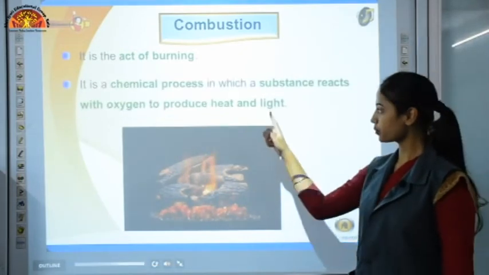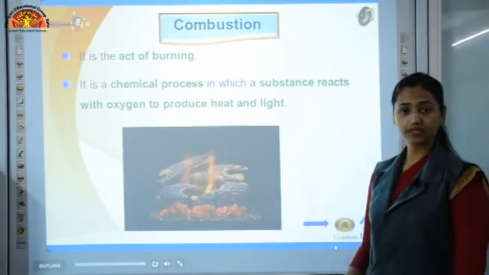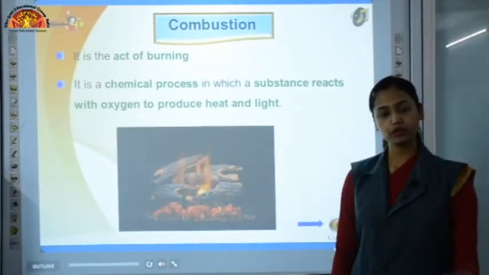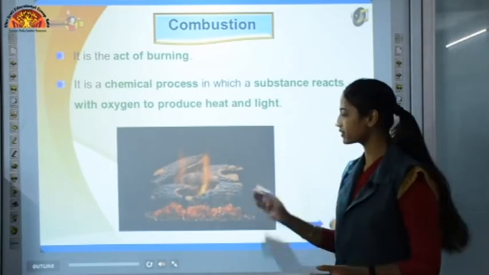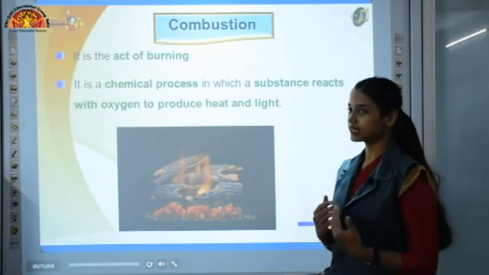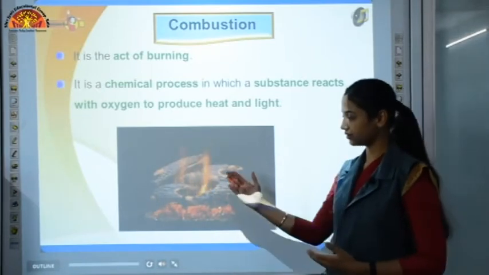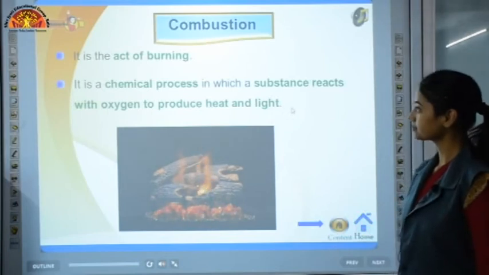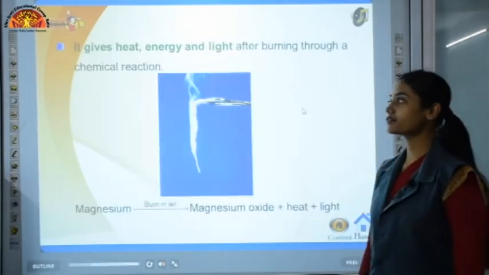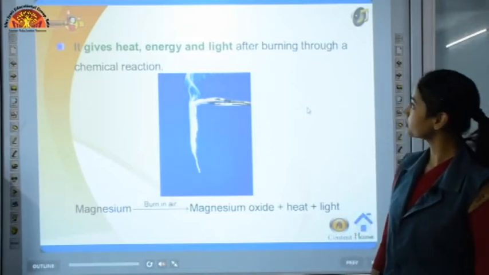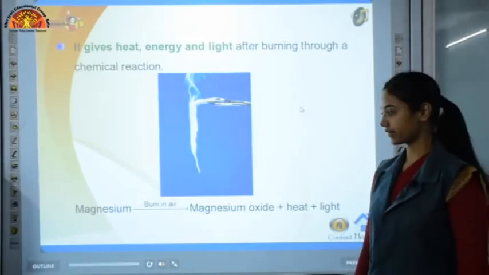It is a chemical process in which a substance reacts with oxygen to produce heat and light. When you bring your finger near this fire, you can feel the warmness, you can feel the hotness. That is heat, and heat plus light. It gives us heat, energy and light after burning through a chemical reaction.